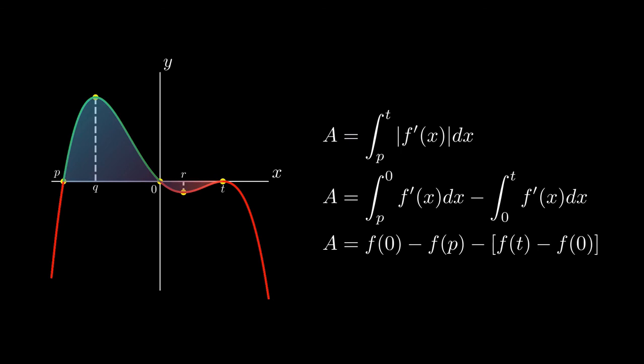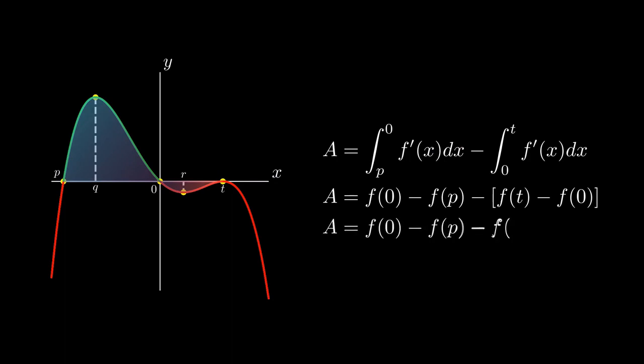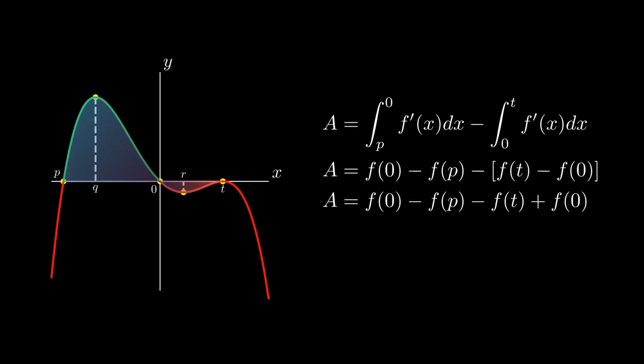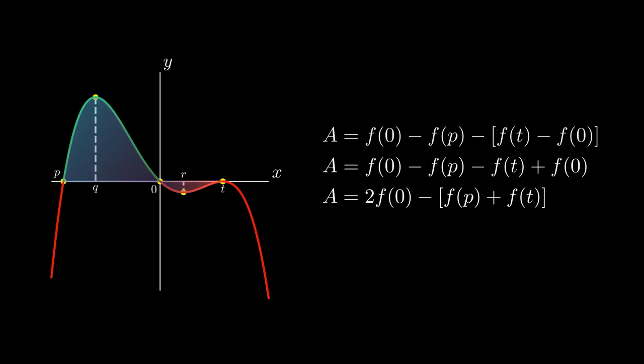We're also given some information about f of p and f of t. So let's just simplify this. We'll combine the f of zeros. We've got two of those. And then I'll put minus outside, put those in brackets because we know f of p plus f of t is 4.